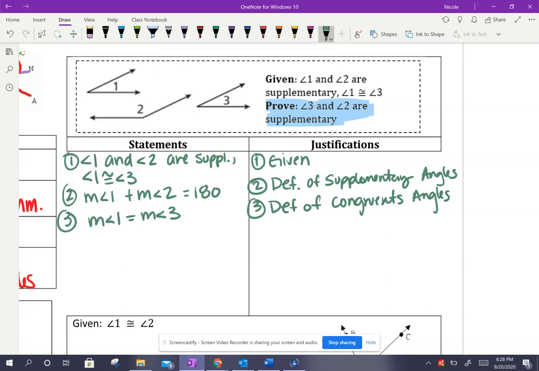Now, since angle 1 and angle 3, the measures are equal to each other, I could replace the measure of angle 1 with the measure of angle 3 in its equation, and that's called substitution.